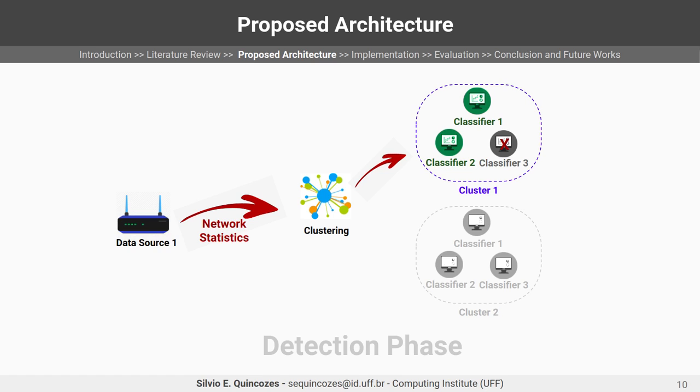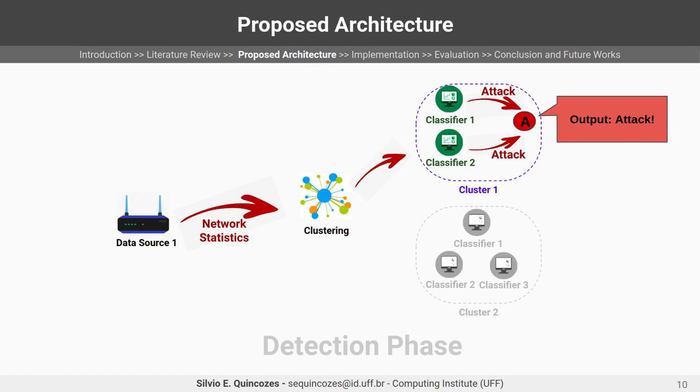However, different from the best local approach, we select more than one classifier, because both classifier 1 and classifier 2 presented good accuracy. If both classifiers present the same output, we rely on this output to take the final decision, whether normal or attack.